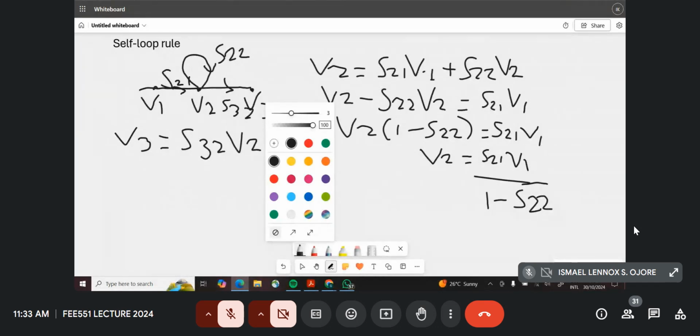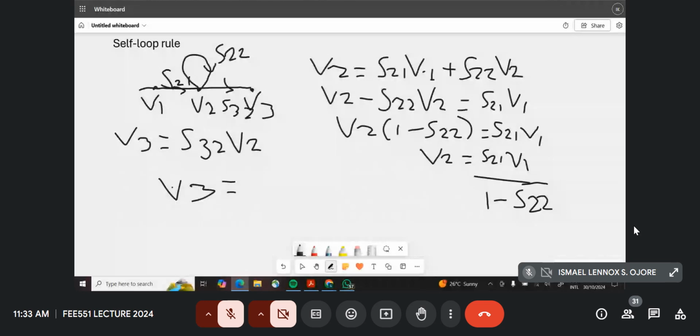And so when you come to solve for V3, you will just multiply. Yes, I hope it's clear up to there.